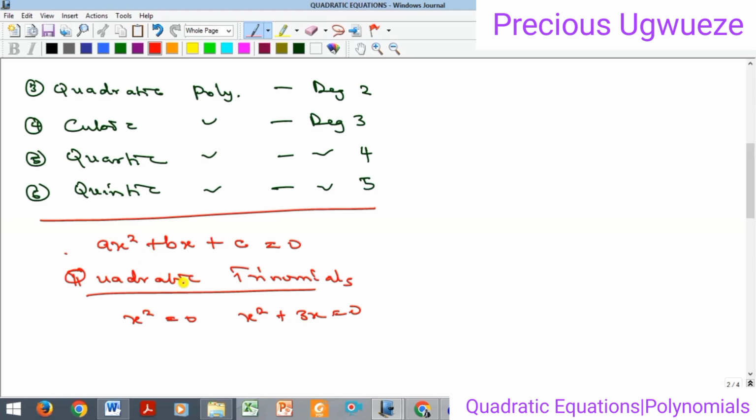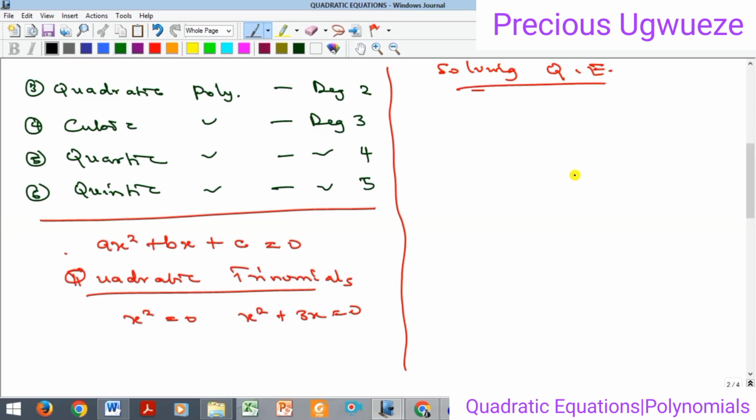Having seen this introduction, the major thing whenever you have an equation is to solve that equation, to be able to have a solution for the equation you have. So we are going to be looking at solving quadratic equations. How do we solve quadratic equations?